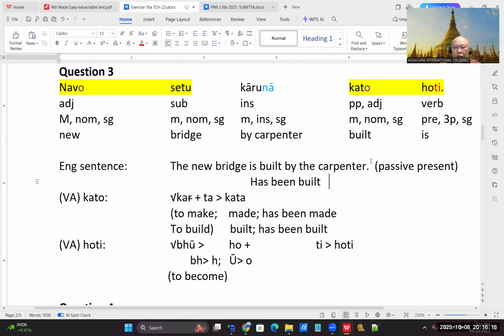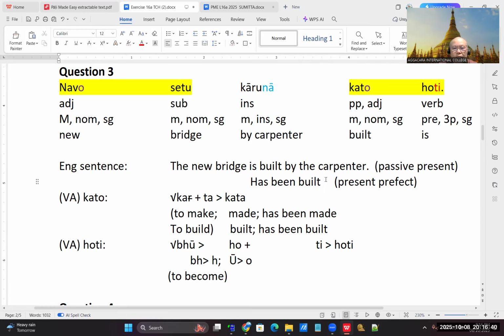And this is the past, how do you call it? Present perfect. Yes, present perfect. Do you see the difference? Present perfect tense. Has been built.